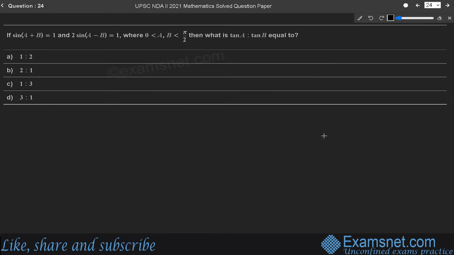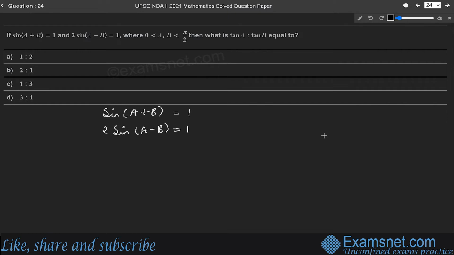Next question is, if sine a plus b is equal to 1 and 2 sine a minus b is equal to 1, where a and b lie between 0 and pi by 2, then what is tan a ratio tan b equal to?